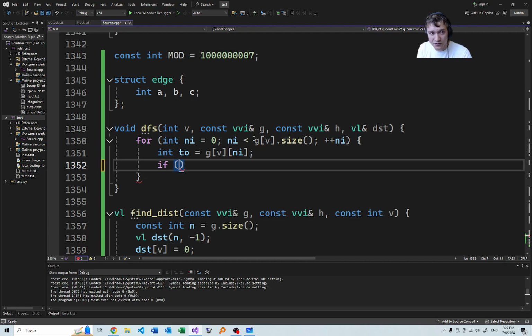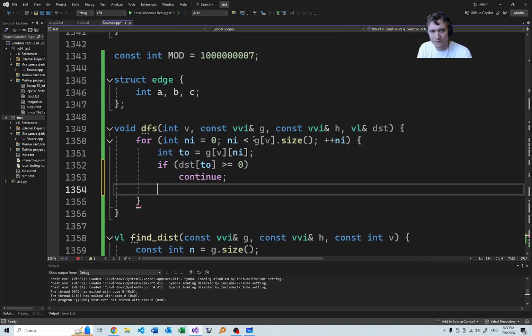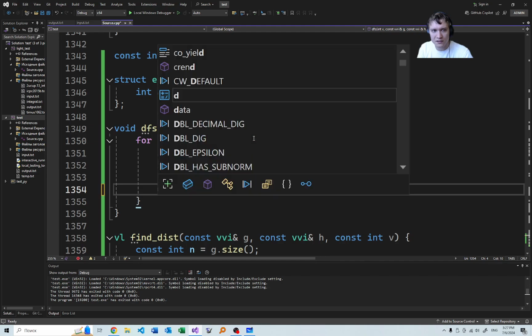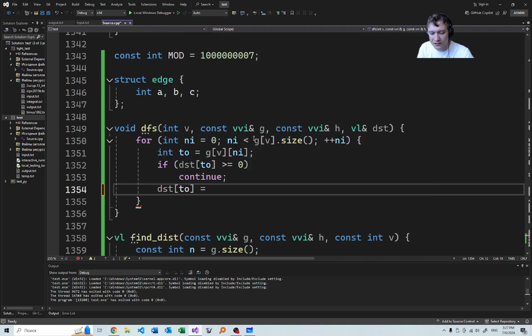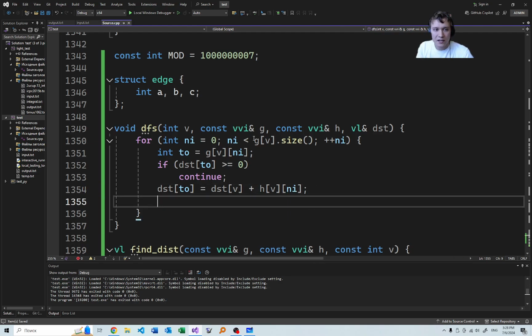If it is already visited, so dst[v2] is at least 0, then continue. Otherwise, we need to say that dst[v2] can be calculated as dst[v] plus the length of the edge, which is h[v][i]. After that, we need to run dfs of v2, g, h, dst.